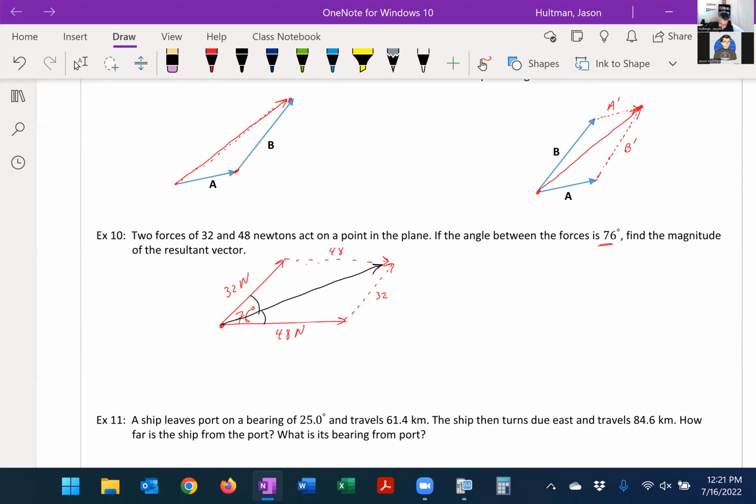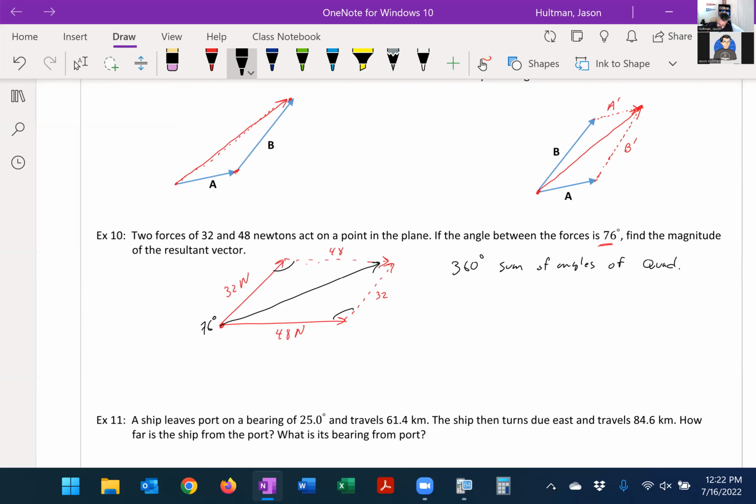But what I do know is, let me get rid of this real quick. I'll put the 76 degrees on the outside. Okay, what I do know is that the angles of a quadrilateral, all four of these angles of a parallelogram, are going to add up to 360. 360 degrees is the sum of the angles of a quadrilateral.